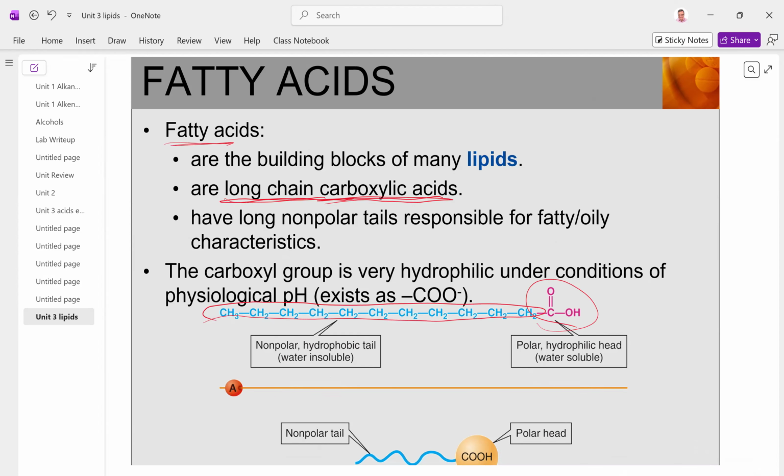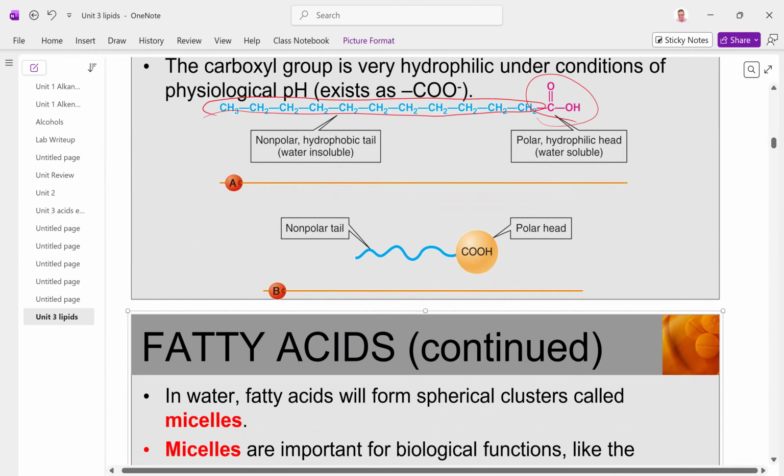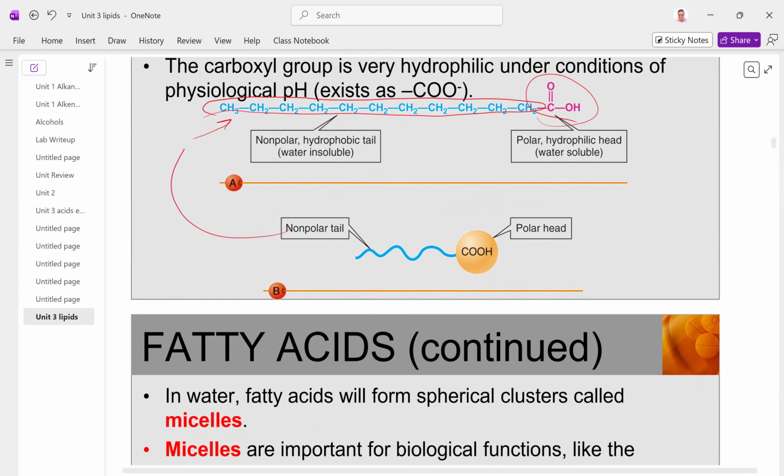Depending on how long that chain is, the nonpolar chain, depends on its physical characteristics. Is it saturated? Is it unsaturated? How long is it? Lots of things like that. So they always say there's a nonpolar tail, which is this thing here, and then there's the polar head, which is this here.